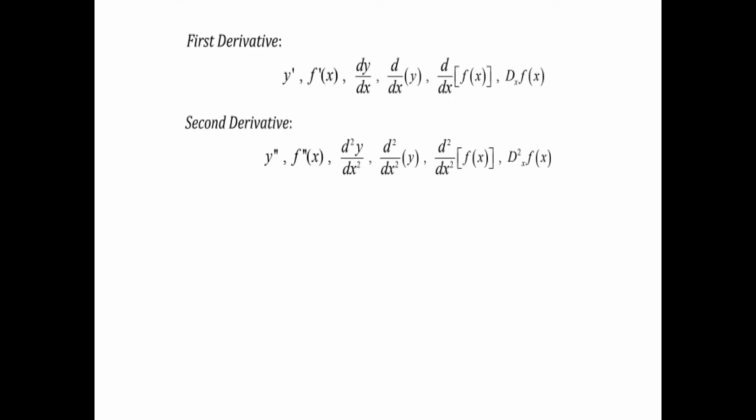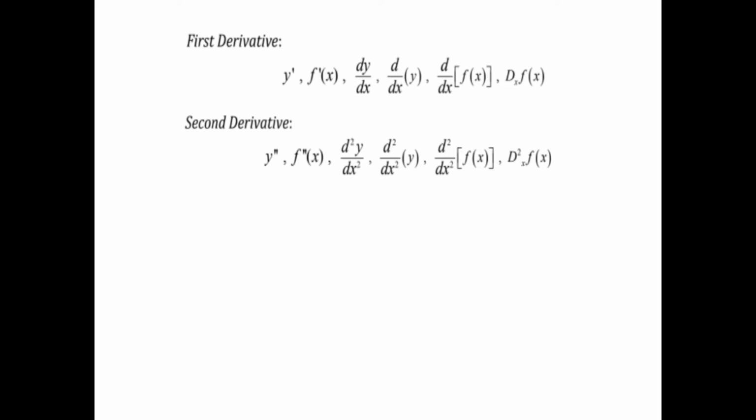And when we get the second derivative of that, it will look like y prime prime. It means that you're looking for the second derivative, or f prime prime of x, or just d squared.